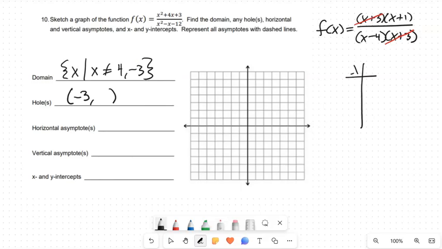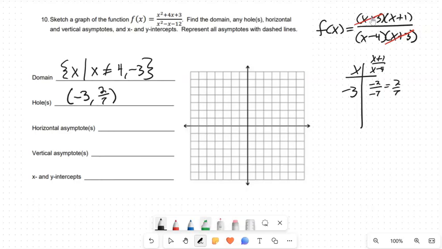If I plug negative 3 into the simplified version, I get negative 3 plus 1 on the top, and negative 3 minus 4 on the bottom. I get 2/7. That's how we finish the coordinates of the hole.